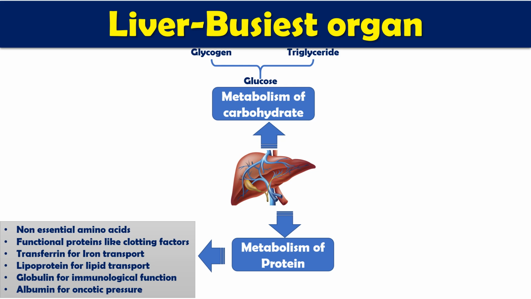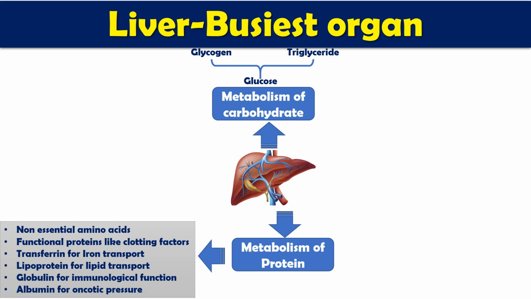The liver is also responsible for transferrin, the protein required for iron transport. Hepatocytes are responsible for lipoproteins, which transport lipids from the liver to peripheral tissue. It also produces globulins for immunological functions, and albumin for oncotic pressure and transportation.